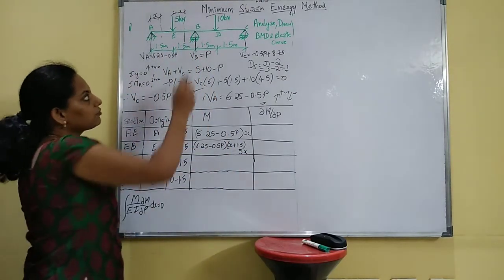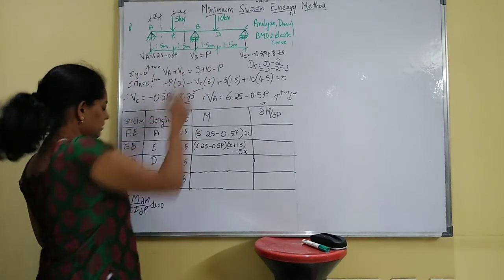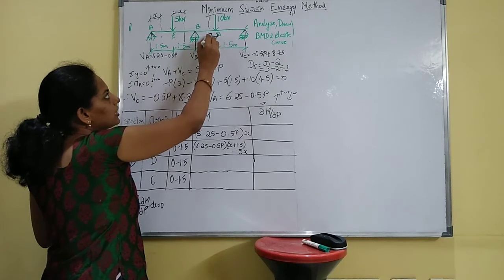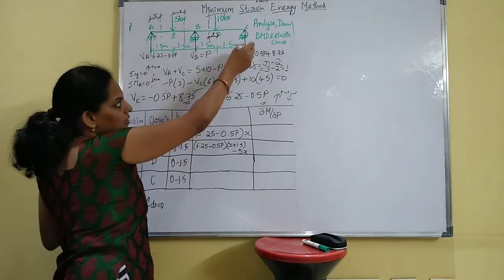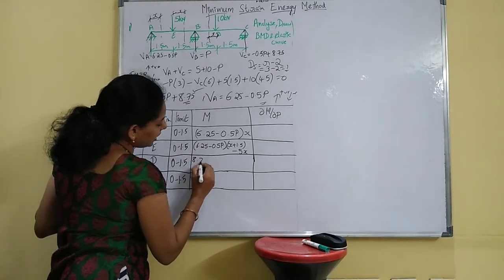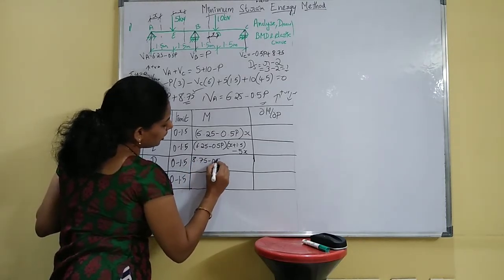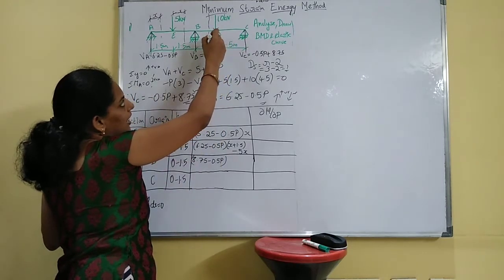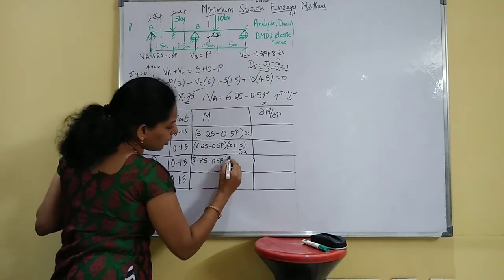Similarly for BD, take D as origin, so draw the section nearer to D. It will be similar. Now VC, it will be 8.75 minus 0.5 times P, this is the VC reaction, into distance X plus the distance 1.5.